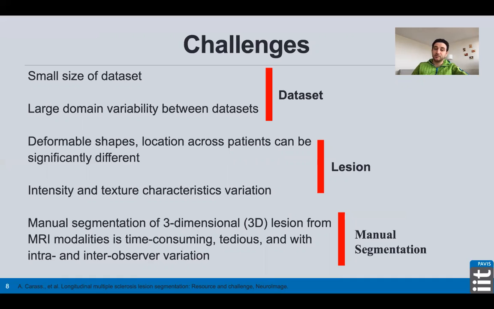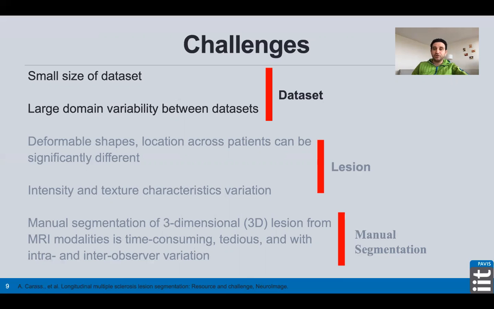Plus, it also includes inter-observer variation. The most important challenge related to this task is the small size of the data set. We have a very small number of samples and very few data sets related to MS lesions. Plus, we have domain variability between data sets, which means that since we have a different scanner in each center, we basically have completely different data sets.